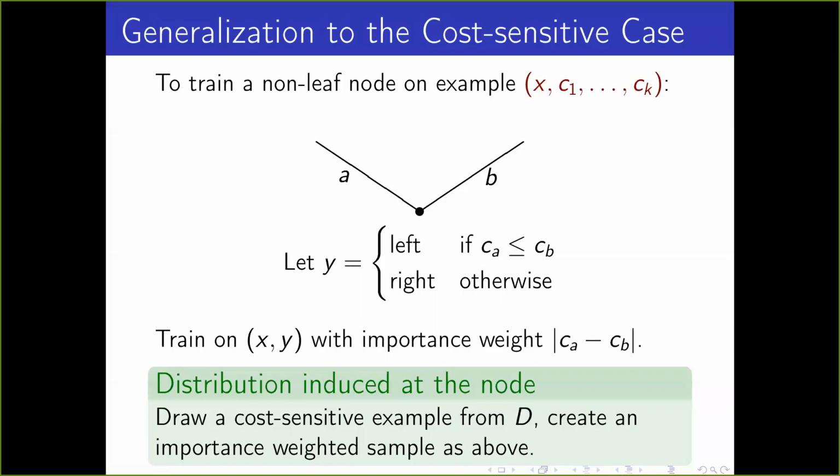And that means that for other deeper nodes, including all the way up to the root, we can define a label, conditioned on the features, which is associated with each edge. And that means that we can use this rule for creating a binary importance weighted classification example for all internal nodes.